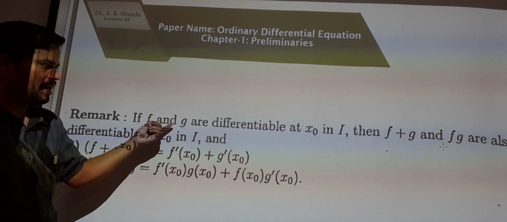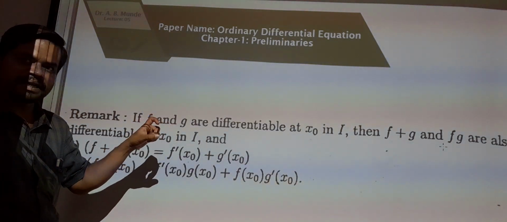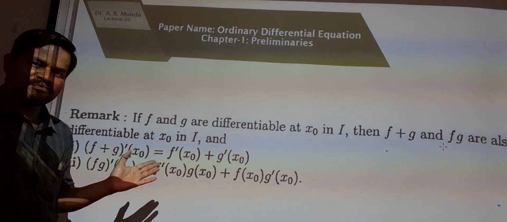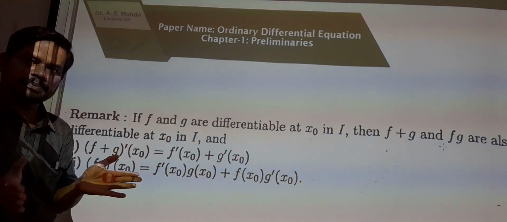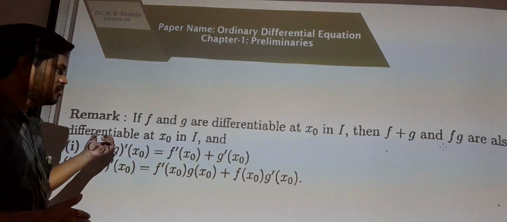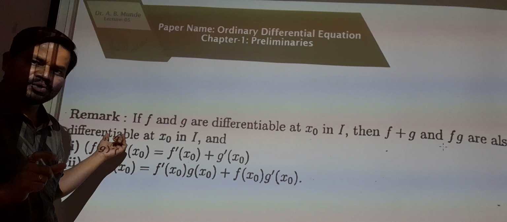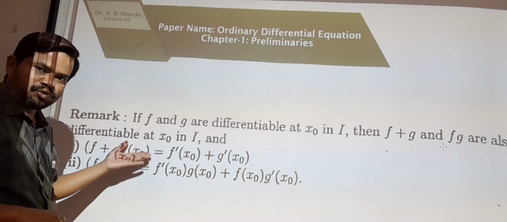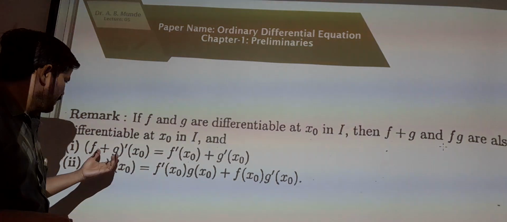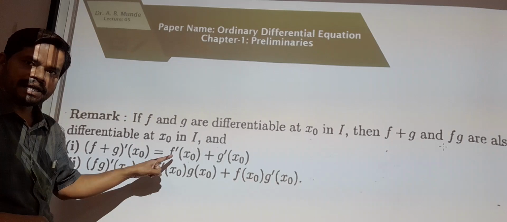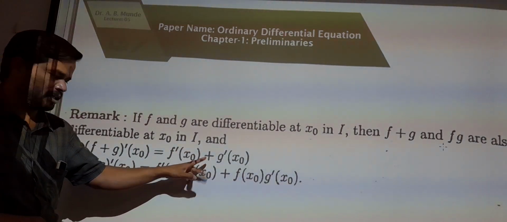If f and g are differentiable at x0 in an interval I, then the sum of these two functions, f plus g, and the product of these two functions, f into g, are also differentiable at that point x0 in the interval I. These are the two basic properties of differentiability. f plus g dash of x0 is equal to f dash of x0 plus g dash of x0.